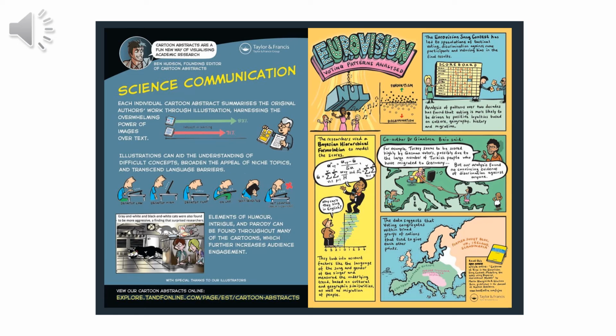I asked the previous class, which would you rather read, a comic abstract or a normal journal article? You know, it's all words basically, with a few images and graphics here and there. Generally, most would say that they prefer to read a comic abstract because it's just more interesting.